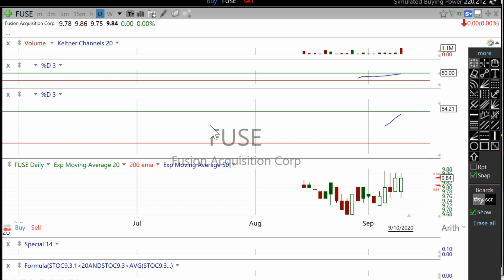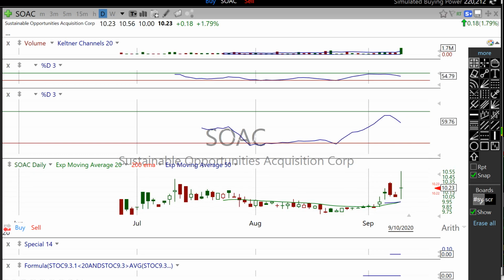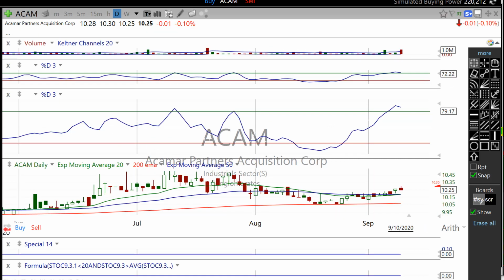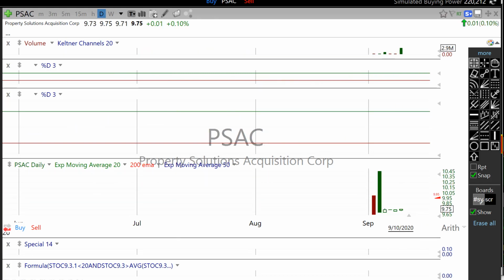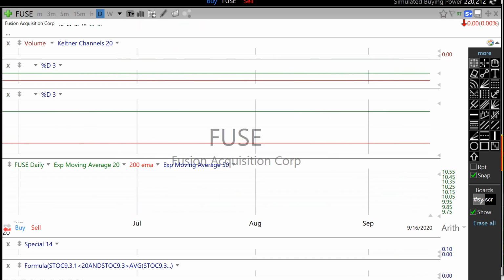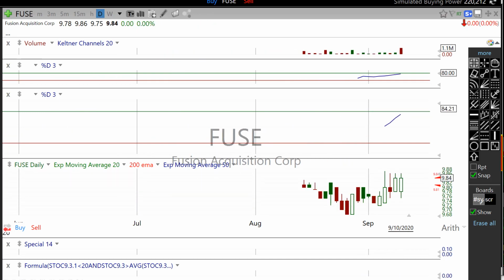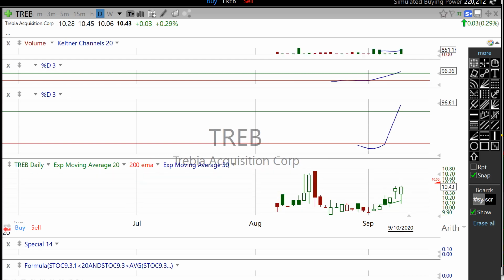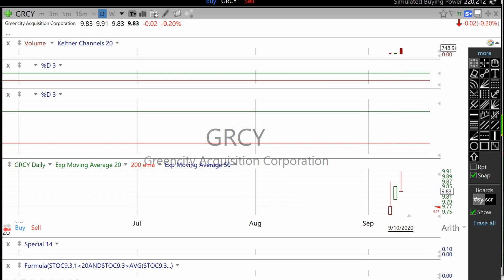TRI. Kind of like fired up here. Green City, TREB. What's the other one I'm looking at? Oh, Green City.